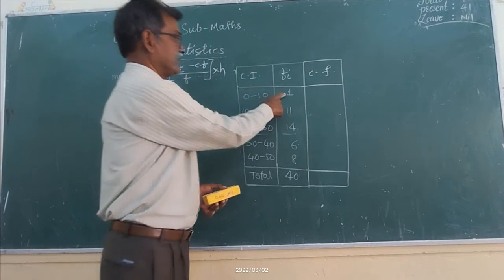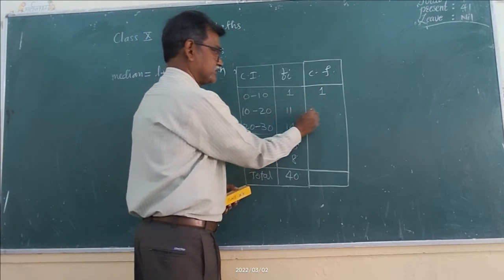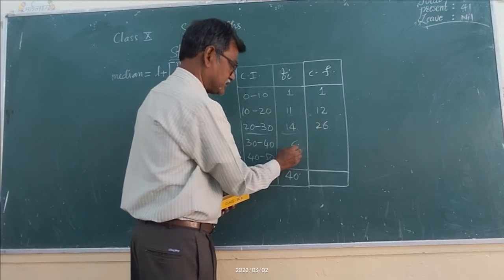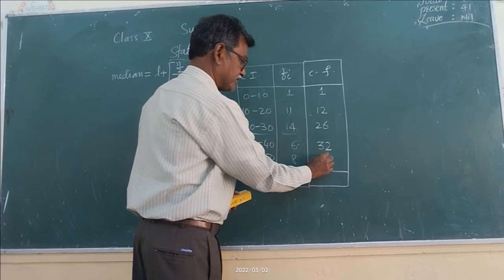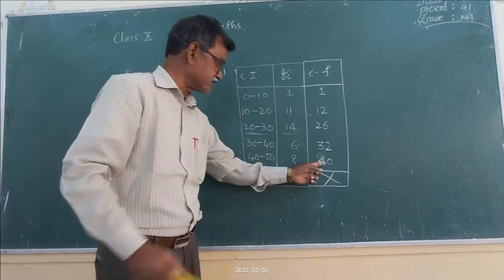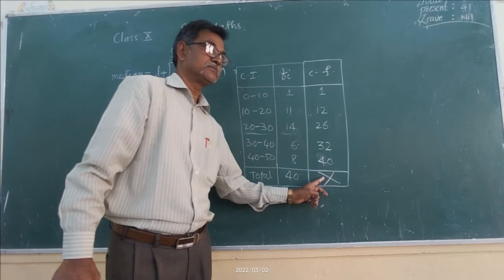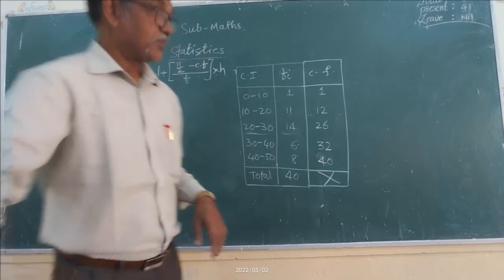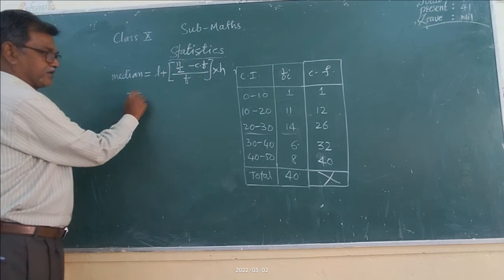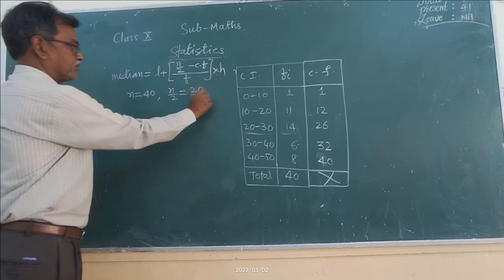Cumulative frequency of this 1, then 1 plus 11, 12, plus 14, 26, 32 and 40. Don't add this now. 40 plus 40 is 80. Okay? Then first find out n by 2. Here n is equal to 40, so n by 2 is equal to 20.